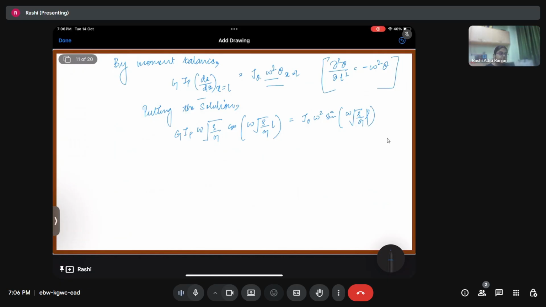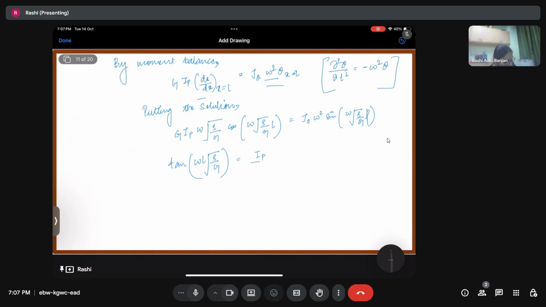Again, we are going to get an expression for the tan, right? So tan of omega L under root of rho by G is going to be equal to what?